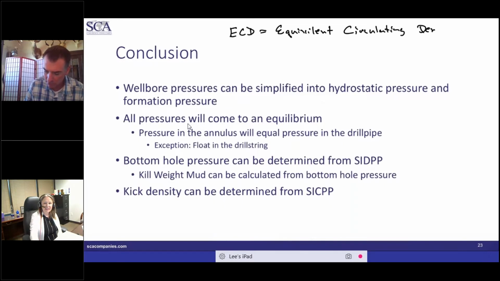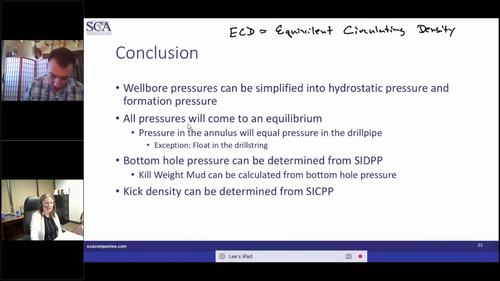And basically, if we have our hydrostatic pressure, and that hydrostatic pressure of say 10-pound mud weight in a 10,000 foot well bore, as we saw in the presentation, is 5,200 psi. Now, if there is an additional 800 psi of pressure loss above the bit in the annulus, the well bore's seen that pressure too.